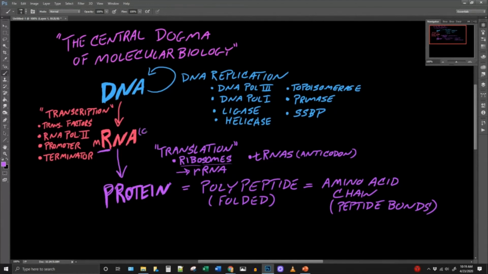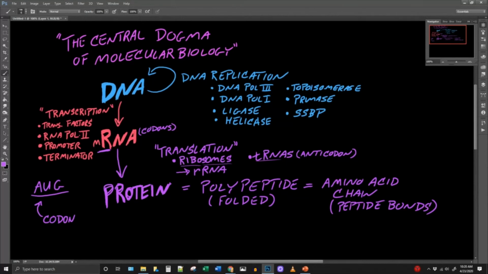So mRNA has codons, whereas tRNAs have anticodons. And they're called codons and anticodons because they match up with each other. They're compatible with each other. A codon is just a sequence of 3 nucleotide bases, like A, U, G, that would be a codon. The tRNAs would read that, and then they would know which amino acid to bring to the ribosome in order to make this polypeptide chain here.